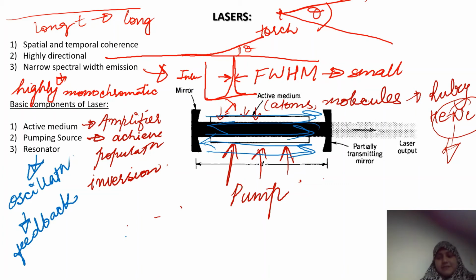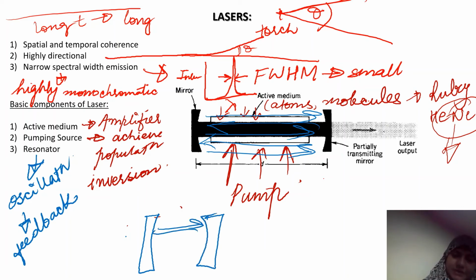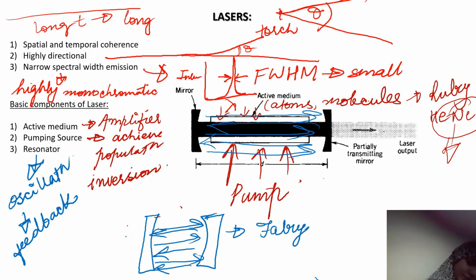Yes, it's a Fibre interferometer. In a Fibre interferometer, our light is oscillating forward, backward, so that it will provide amplification. So the Fibre oscillator can be used as an optical resonator to amplify our systems.